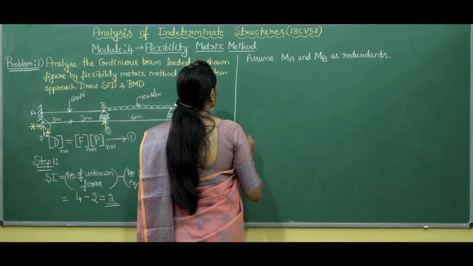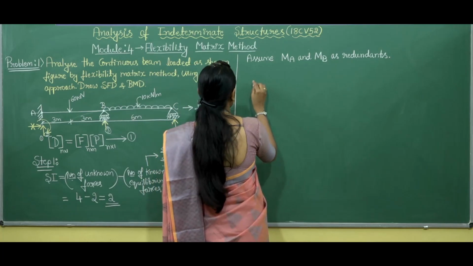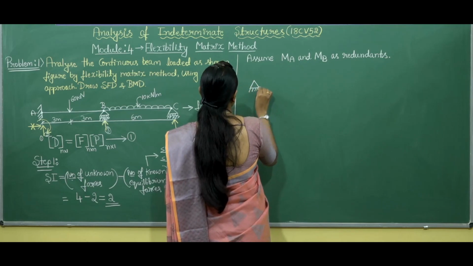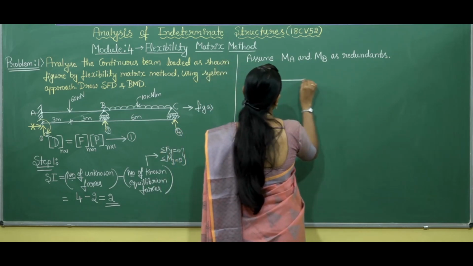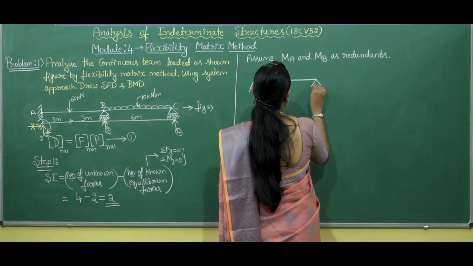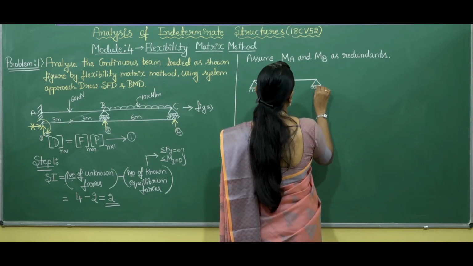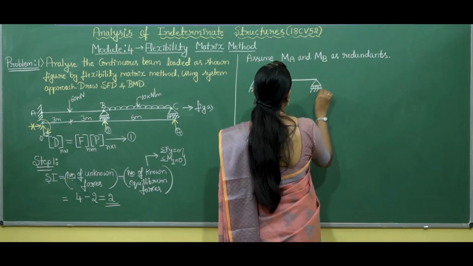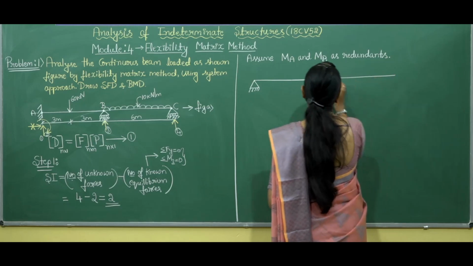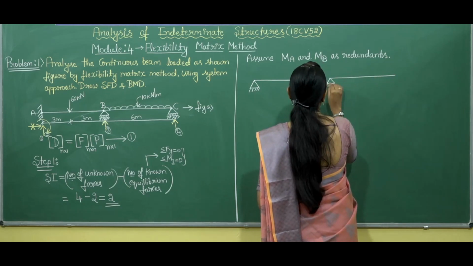Therefore, the released structure will be the two independent simply supported beams AB and BC along with the redundants as shown in figure B.